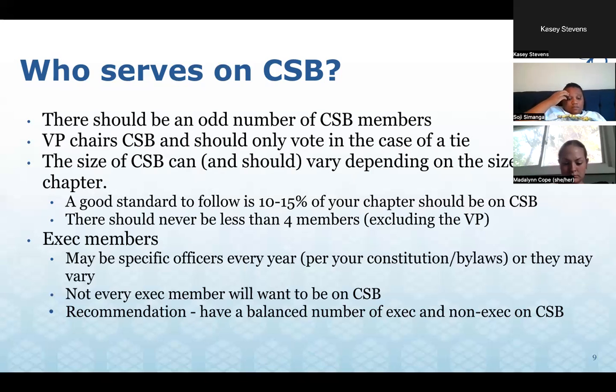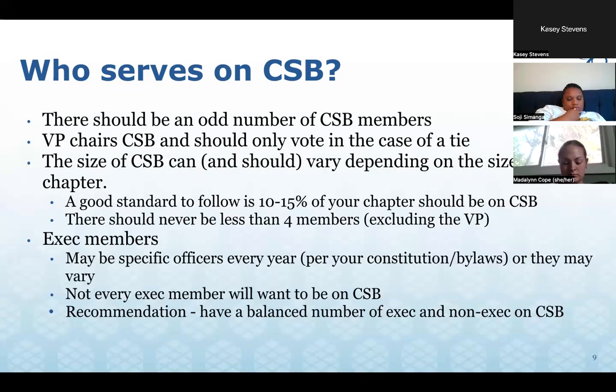And it might vary, your constitution might say just that 3 of the members of your standards board need to be executive members, but it might not say it has to be the secretary, the treasurer, and the sisterhood officer or whomever it is. So just make sure that you're doing that however you see fit.